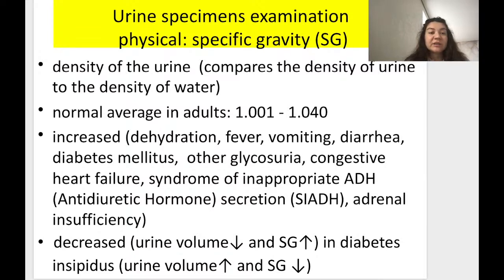Increased specific gravity is typical for dehydration, fever, vomiting, diarrhea, diabetes mellitus, glycosuria, congestive heart failure, syndrome of inappropriate antidiuretic hormone secretion, or adrenal insufficiency. Decreased specific gravity is typical for diabetes insipidus, when urine volume is increased and specific gravity is decreased.